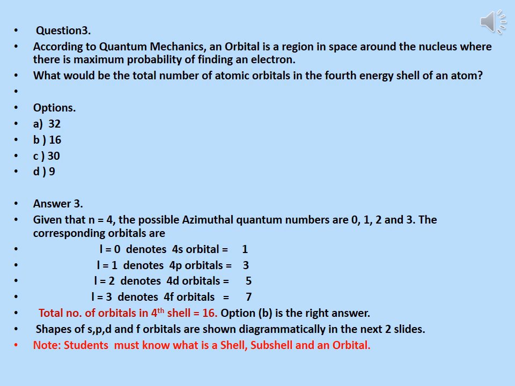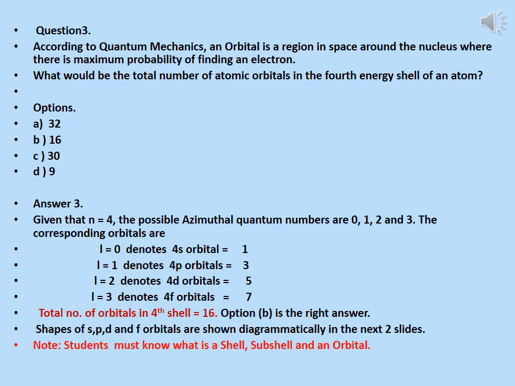Each shell has a quantized energy value. A quantized energy value means its energy will not vary continuously. If an electron is present in a shell, its energy is quantized.